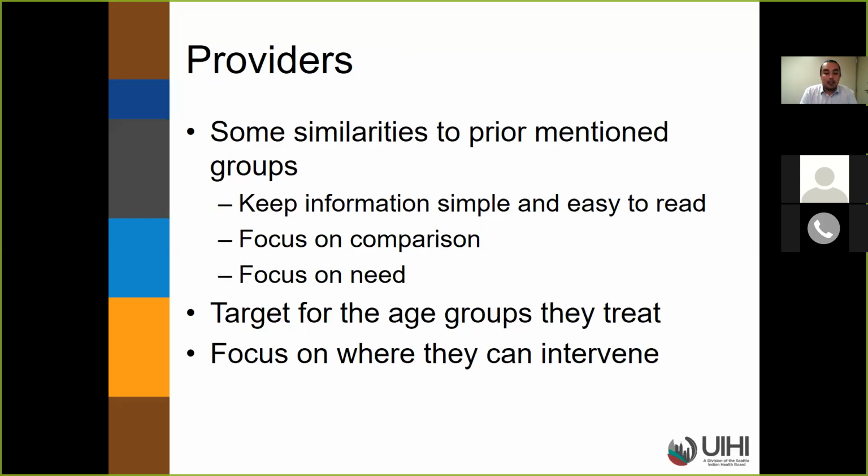Additionally, focus on need so that providers may be able to address those needs, and target and tailor the information to the age groups that they treat. If they primarily work with adults, it may not even be useful or relevant to present information on adolescents, and vice versa.